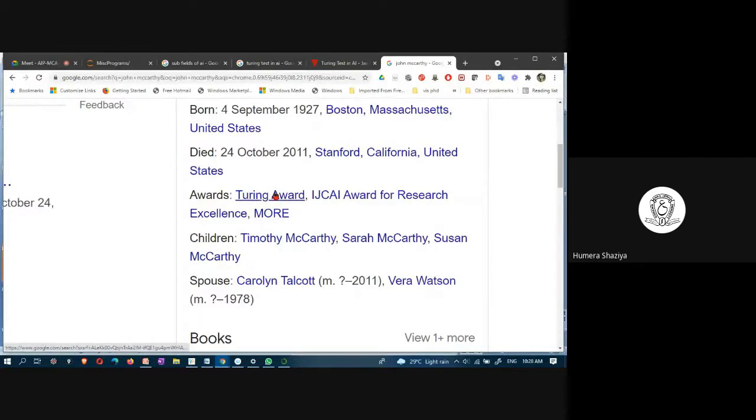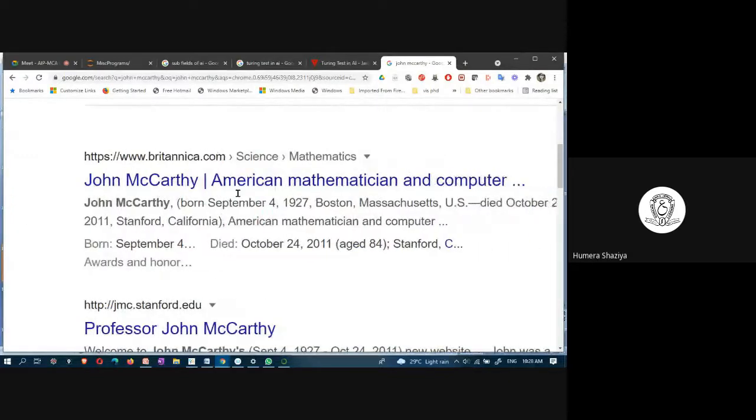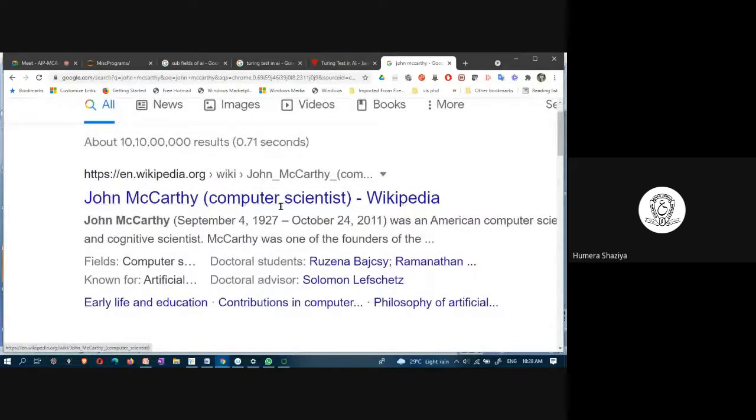The Nobel Prize is the highest award given to people of various fields, and the Turing Award is like a Nobel Prize given to scientists of computer science background only. So he has coined the term artificial intelligence.